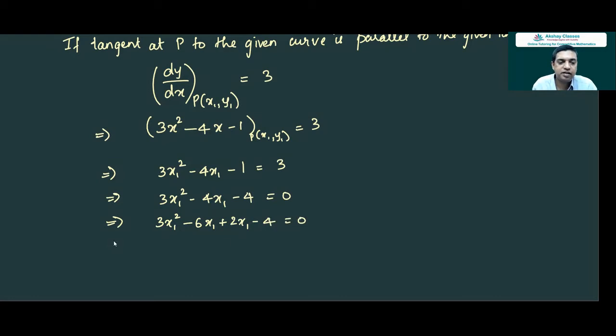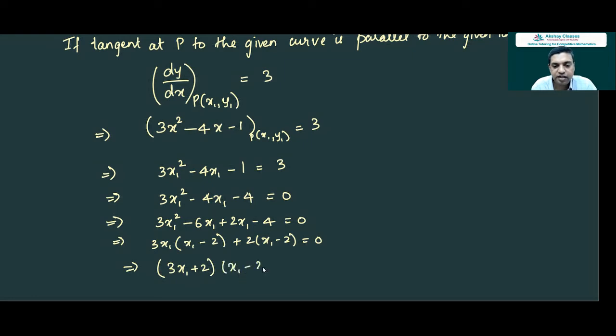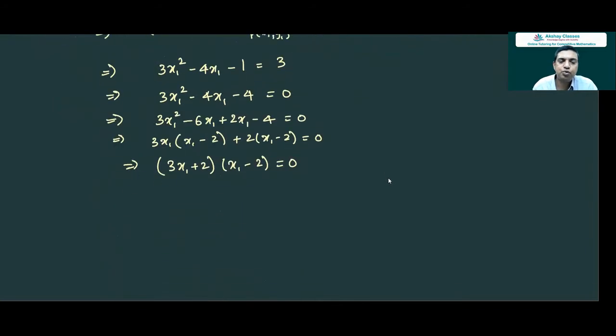So these are the factors. Upon factorization, we get, of course, in the question, he has not given the interval. So we get 2 points, which implies x1 is equal to 2 or x1 is equal to -2/3.